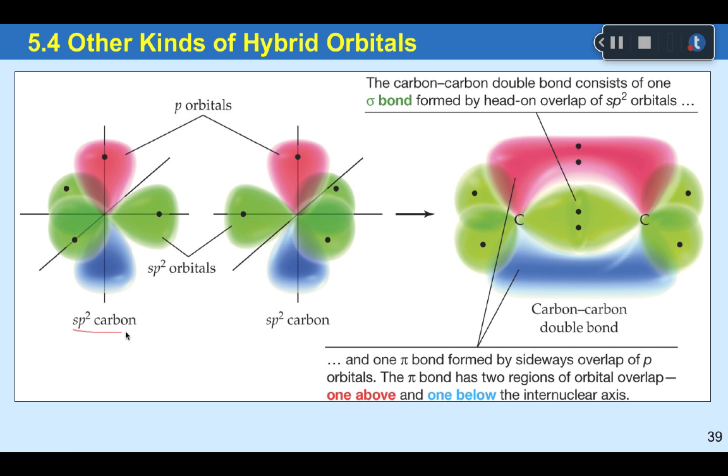So if you have a carbon atom that has hybridized sp2 orbitals that can be aligned with another carbon atom with sp2 orbitals that are facing it, then you can imagine where the carbons could be bonded to one another with those two sp2 orbitals overlapping in a sigma bond when they're head-on, as it were.